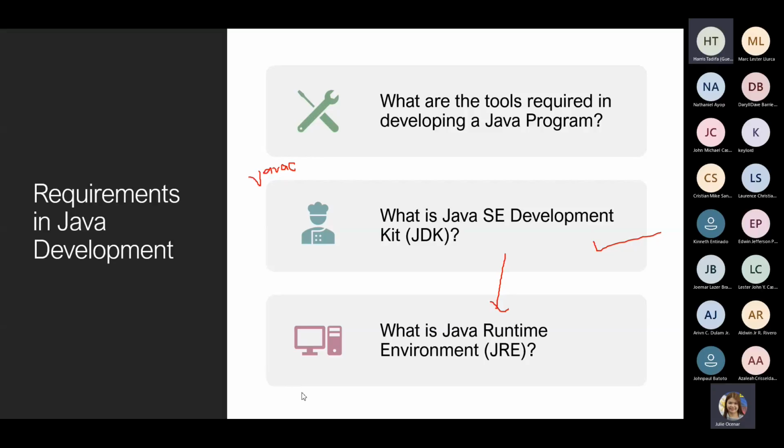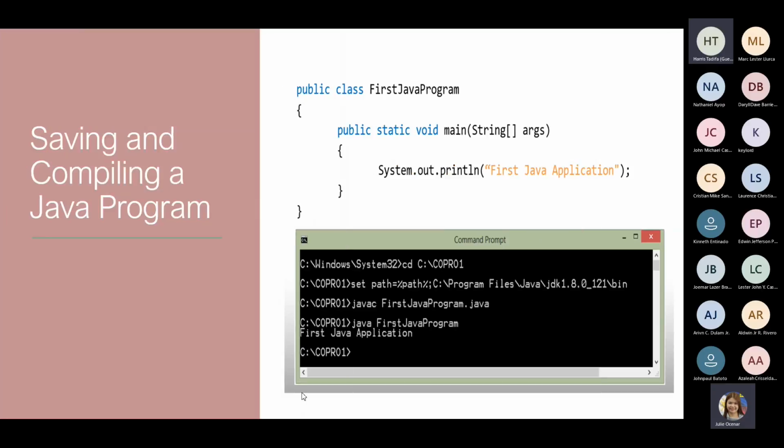So, saving and compiling a Java program here. For example, if you have a program like this, diba? Public class FirstJavaProgram as a class name. We have the main method and then ito yung gagawin niya. We expect that it will print First Java Application. So paano natin siya gagawin ngayon?